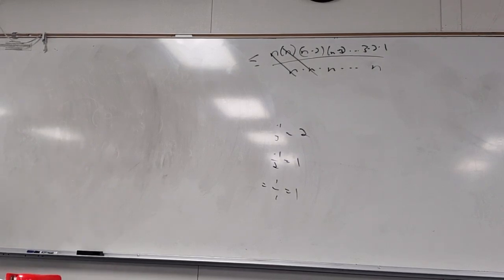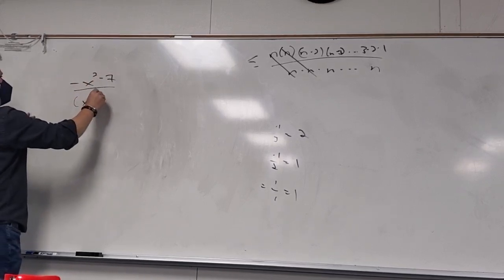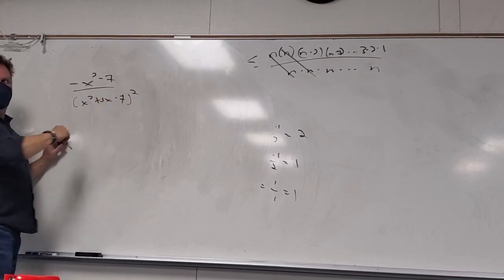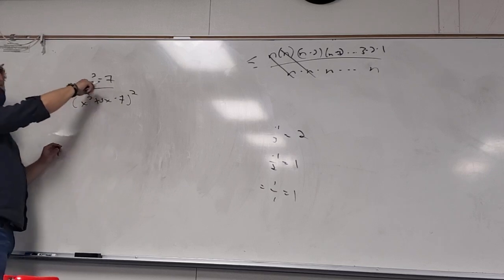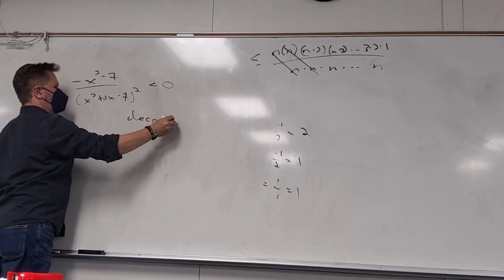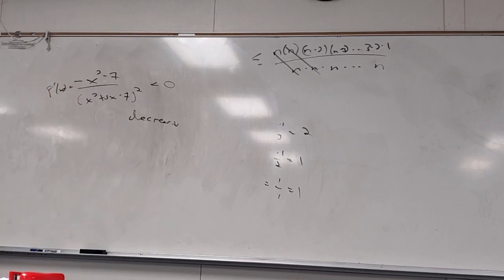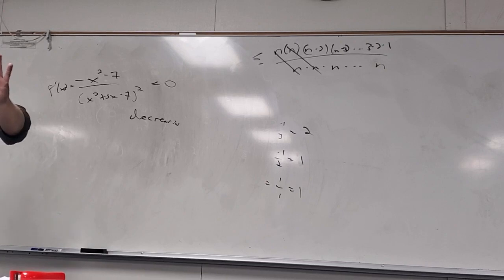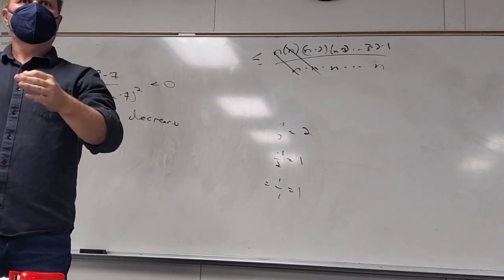Oh, okay, okay. Yeah, so if you do the derivative, you end up with this. The bottom is always positive, the top is always negative, so this is always less than 0, so it's definitely decreasing. Because this is F prime, right? And the funny thing is, and again, this is not a knock against you guys, but the most fundamental thing you learn in calculus is that derivative is slope.